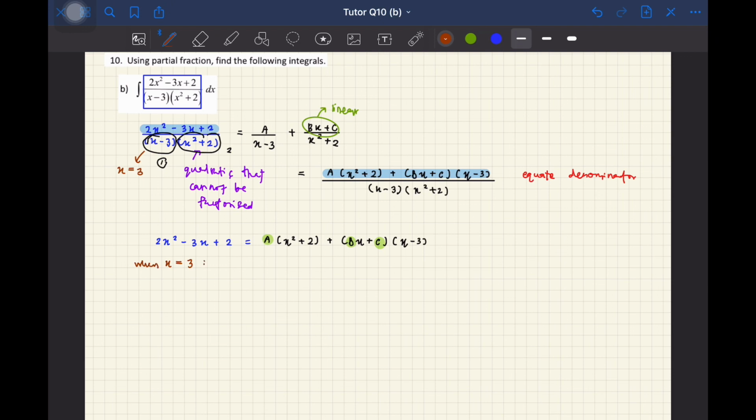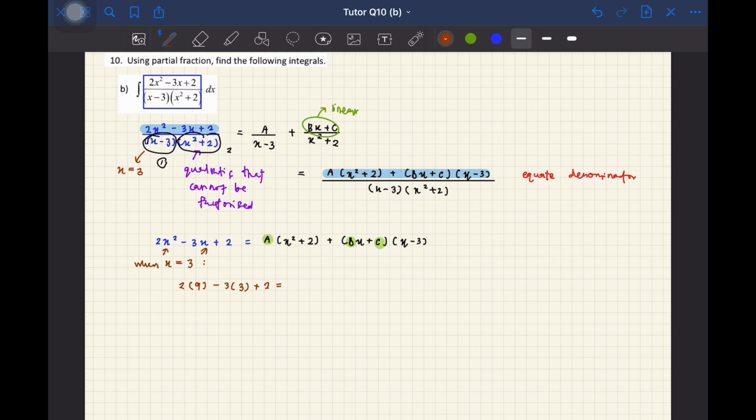So x equals to 3. Okay, so awak akan dapat apa when x is equals to 3? So masukkan dekat sini 3, masukkan 3. Okay, and then you are going to have 2 times with 3 square is 9. Okay, and then minus with 3 times with 3 plus 2.